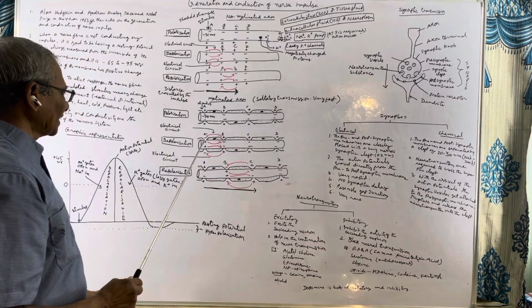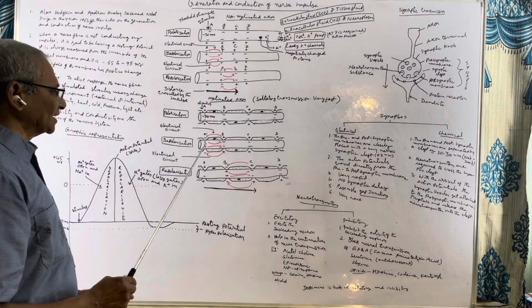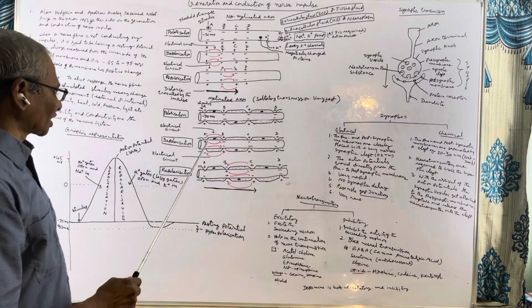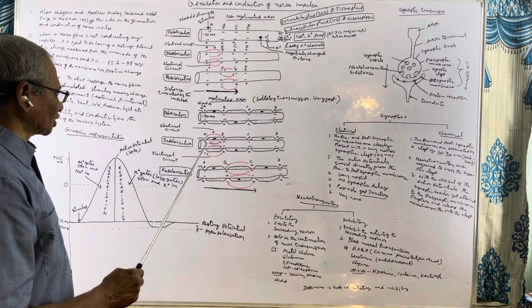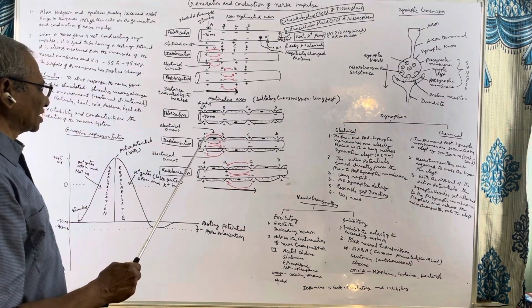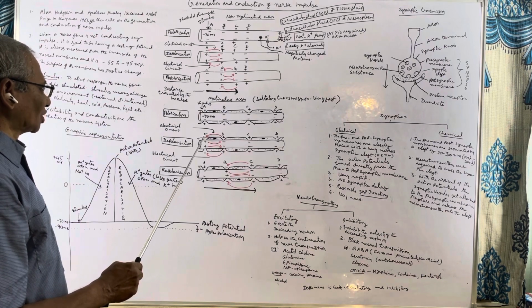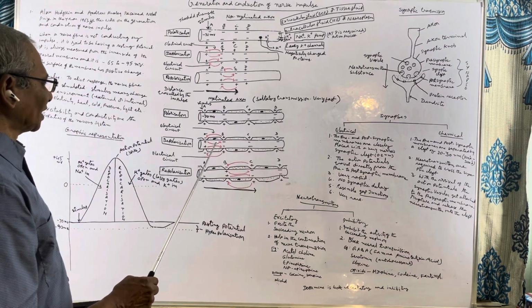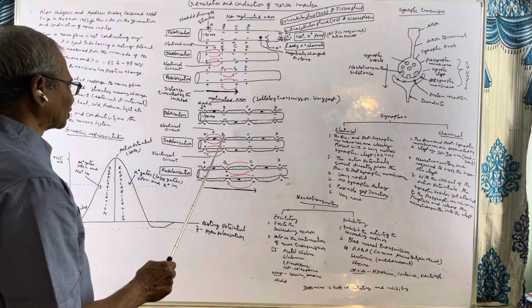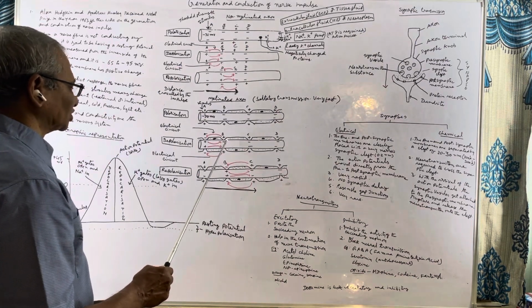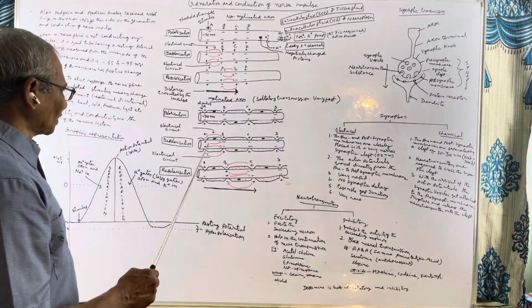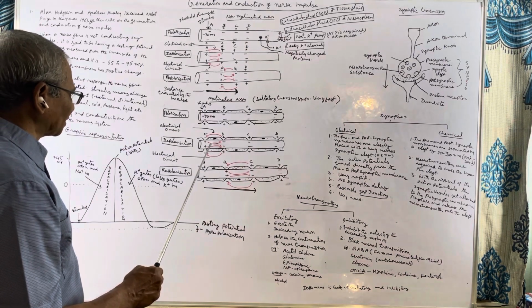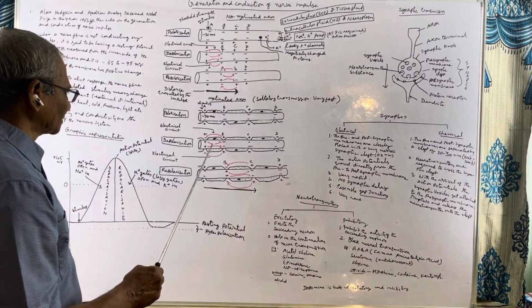At point A, the polarity is reversed. It means it has undergone depolarization. Outside it is negatively charged and inside positively charged. At point B, outside positively charged and inside negatively charged. Now electricity moves from point A to B and B to A like this.